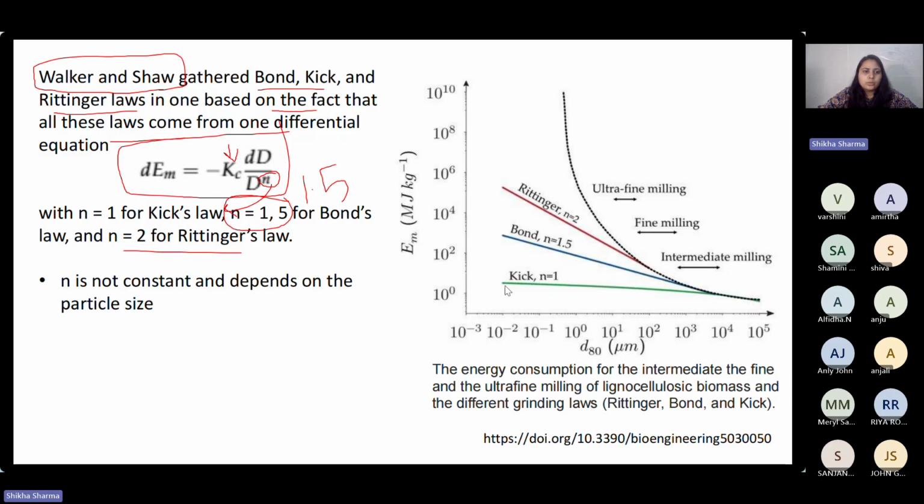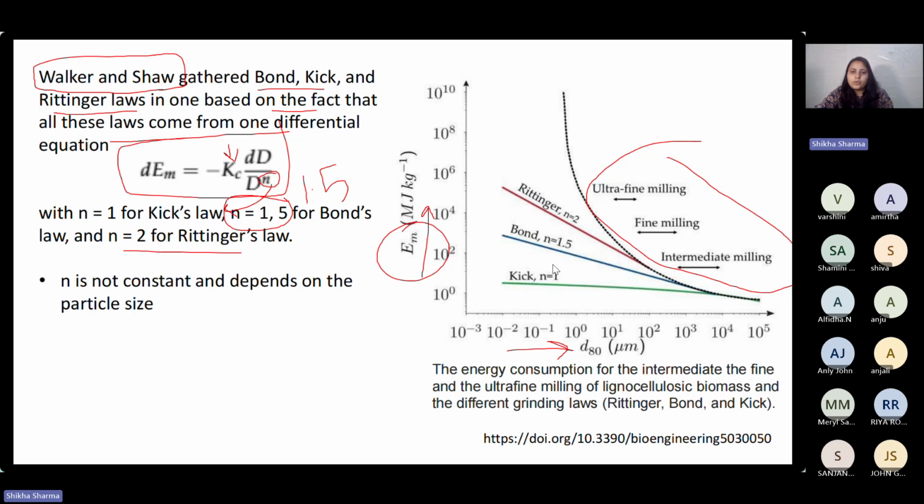So if we see this graph, we are plotting the size of the particle, which can be in any level: intermediate grinding, fine grinding or ultra fine grinding. So the different diameters of the final product or the particles are plotted against the energy required to do so.